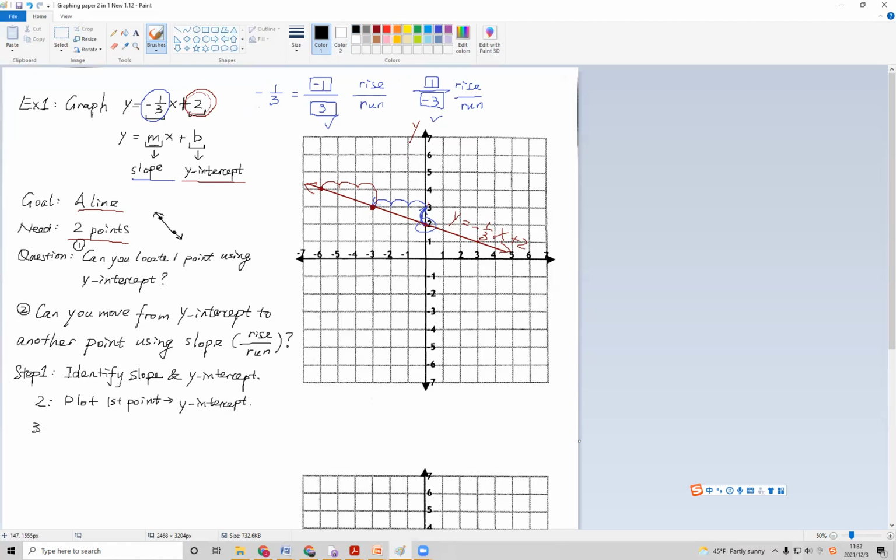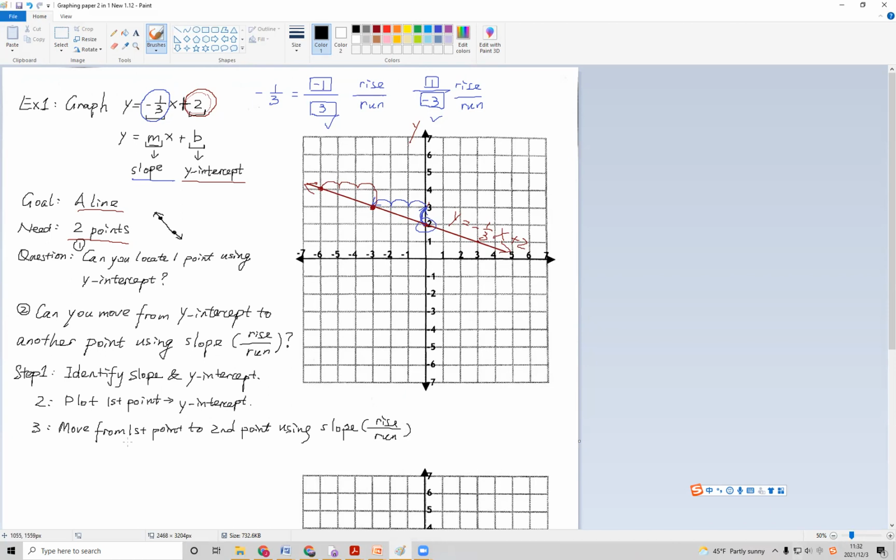Step 3. Move from the first point to the second point using slope. Of course, how do you use slope? You have to rewrite slope into rise over run form.